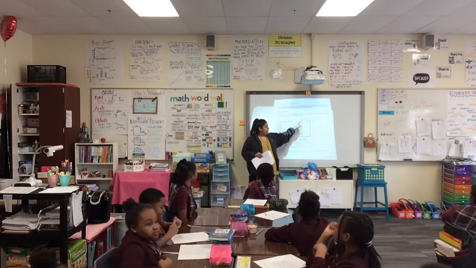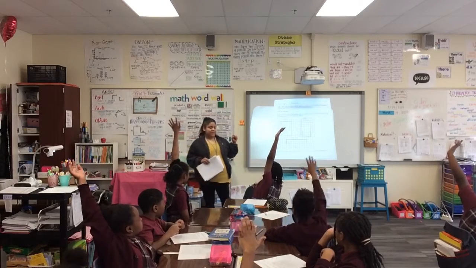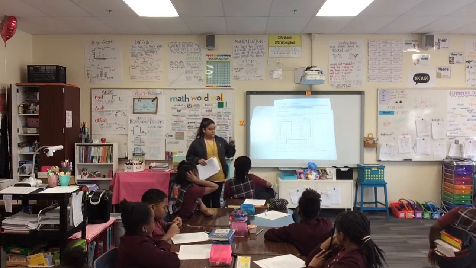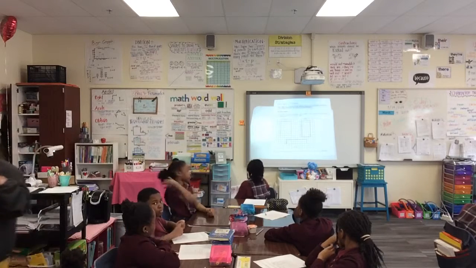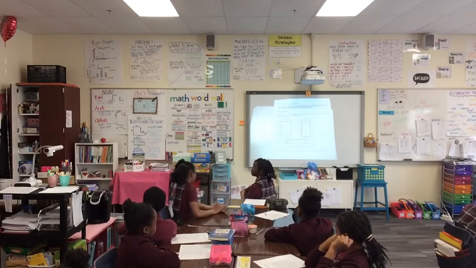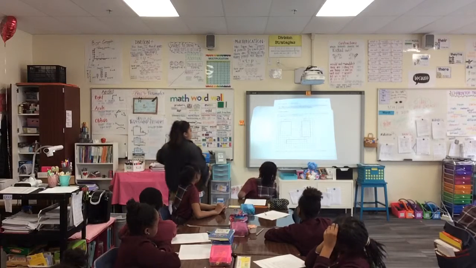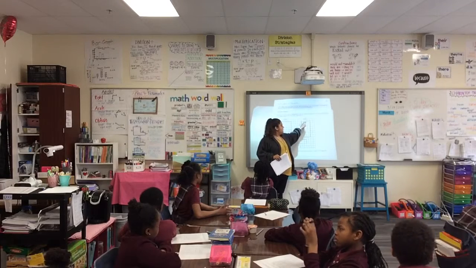This one, why did they skip count by fours? Why did they skip count by fours, Kamori? Because for the length it has 4 squares in each. They could have done the length down or the length right. Very good. They're trying to find the area, so Kamori said they could have skip counted by fours.